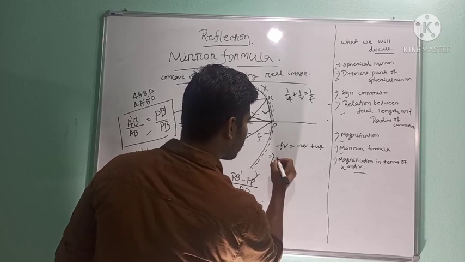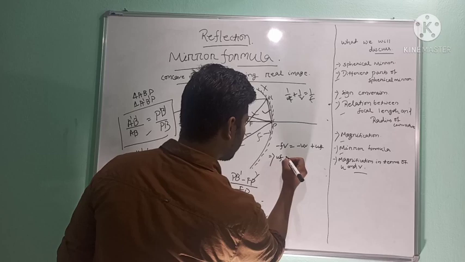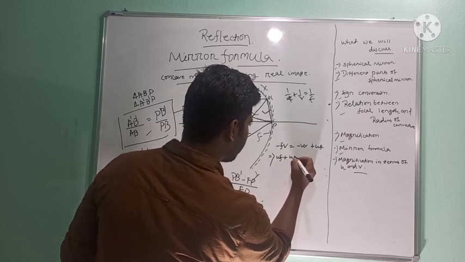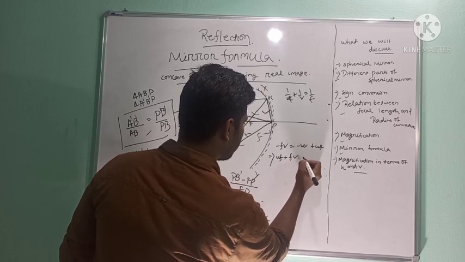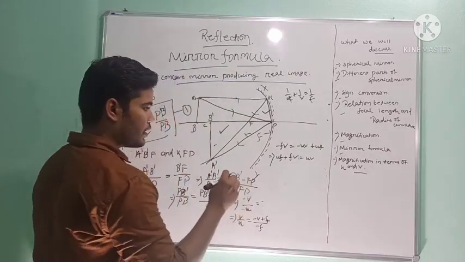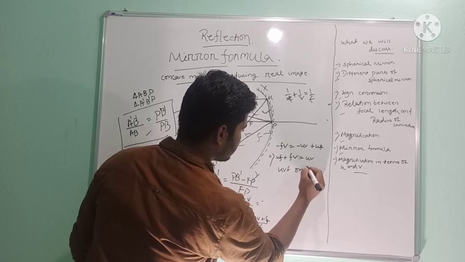This will be UF plus FV is equal to UV. So now dividing UVF on both sides.